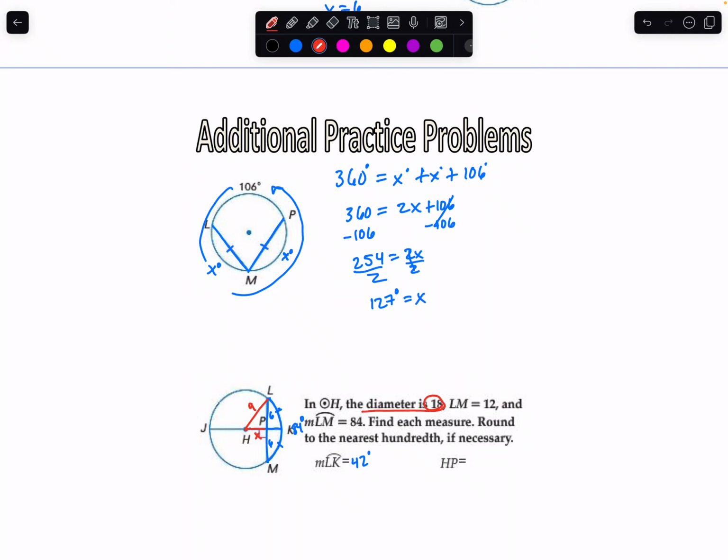So I have 9, this whole thing, and from here to the edge of the circle is also 9. And here, as you can see, we have a right triangle that measures 6, X, and 9.